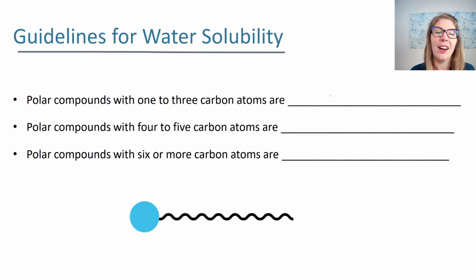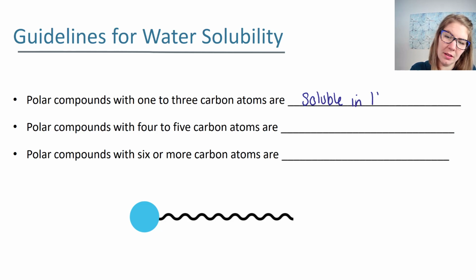So let's wrap up with our idea of guidelines for water solubility. Our polar compounds that have only 1 to 3 carbons in them are going to be soluble in water. Things like ethanol, where ethanol had 2 carbons and then a polar end, those are water soluble.